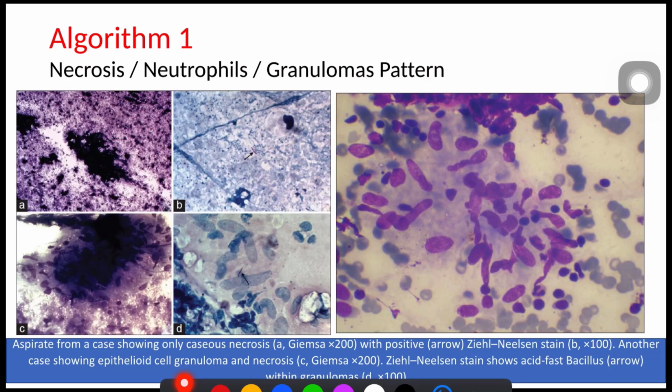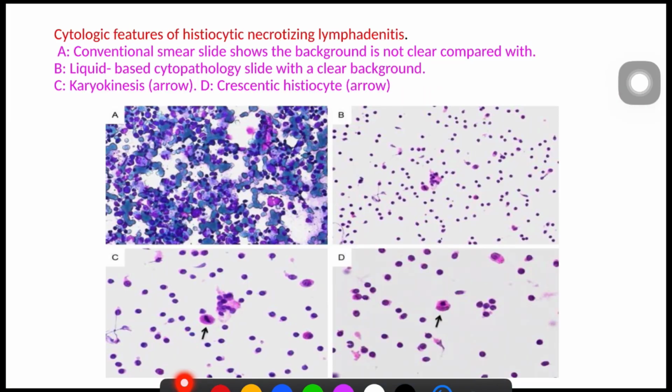Here in this smear, you can identify necrosis and granuloma. This is the high power view of the granuloma, where you can find these epithelioid cells. If you do an AFB stain or Ziehl-Neelsen stain, you can identify the acid-fast bacilli of tuberculosis easily. So this is the granuloma pattern in algorithm 1.